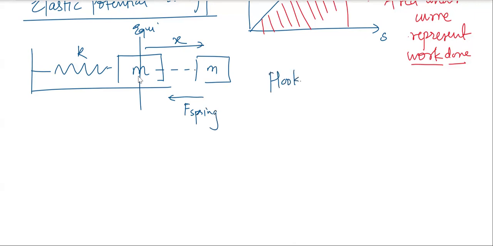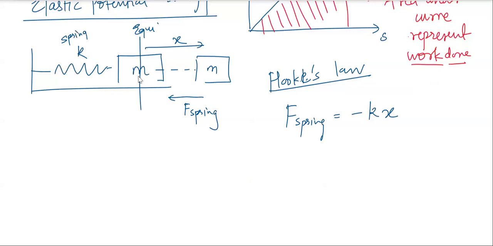According to Hooke's law, under the elastic limit, the spring force will be equal and opposite to the displacement, related by the quantity k, which we call the spring constant. Here x is the displacement, or the extension in the spring.